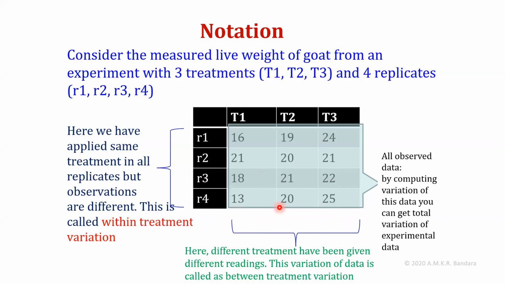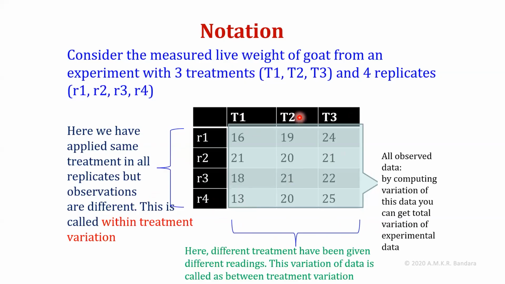Consider if we apply the same treatment here. This one also T1, this one also T1. So this total observed variation, again we divide into two parts as within treatment variation and between treatment variation. Then you can see this between treatment variation is also similar to within treatment variation, because there is no difference among these treatments.